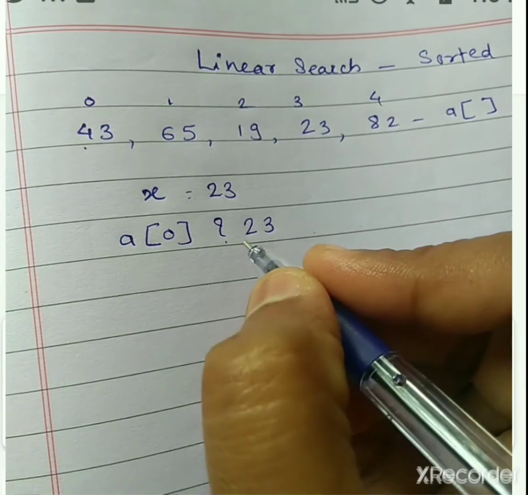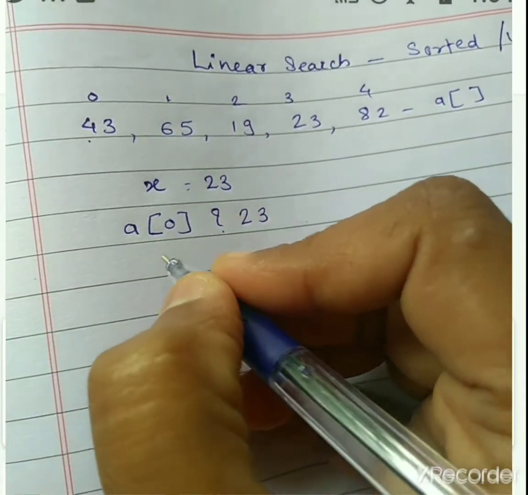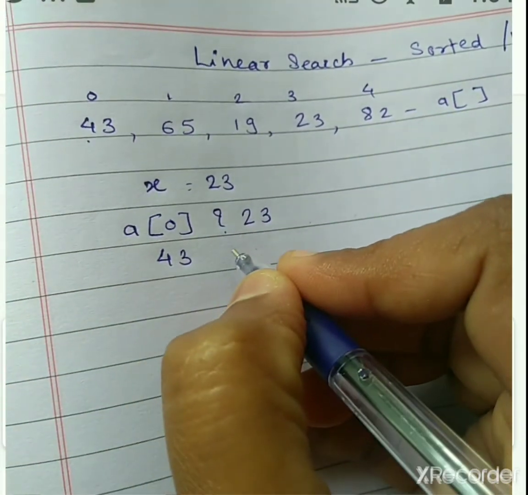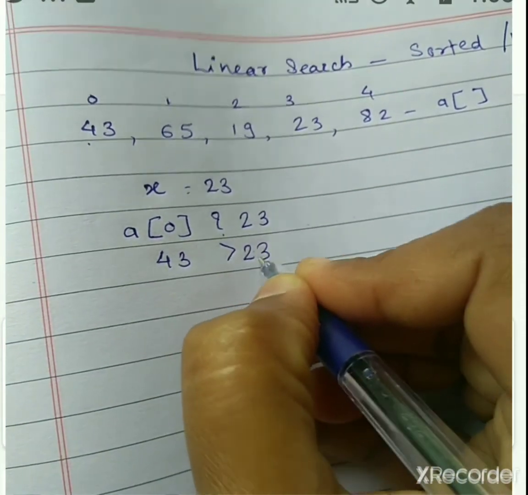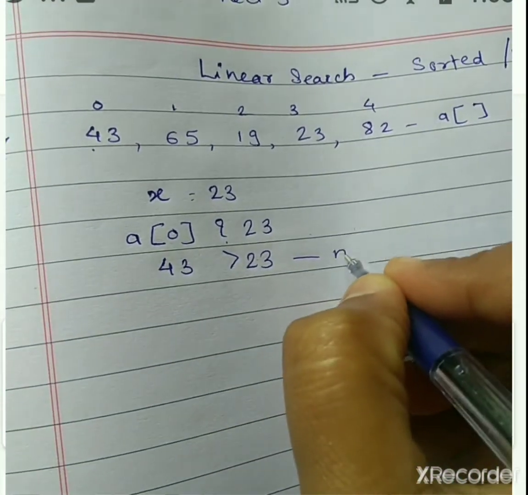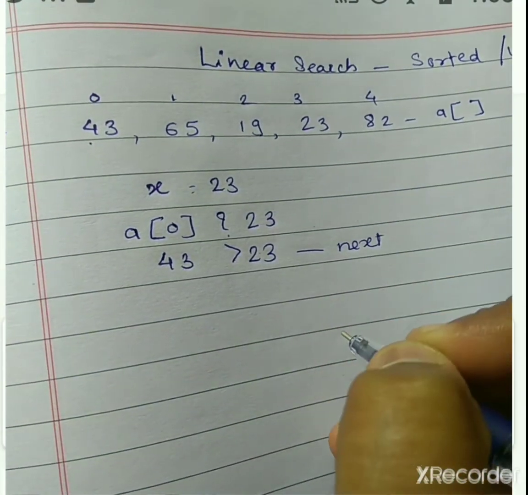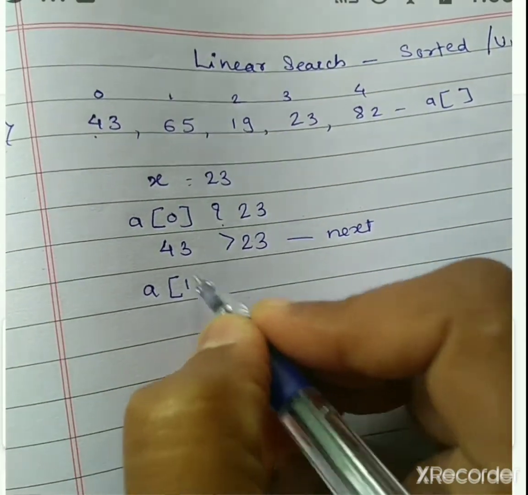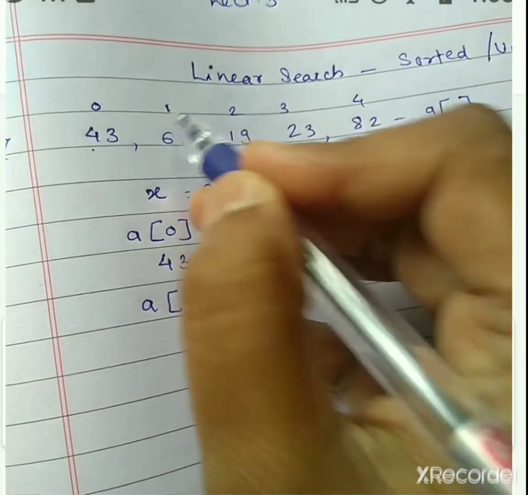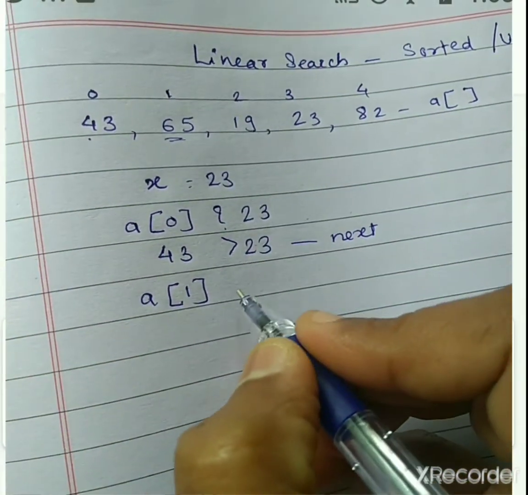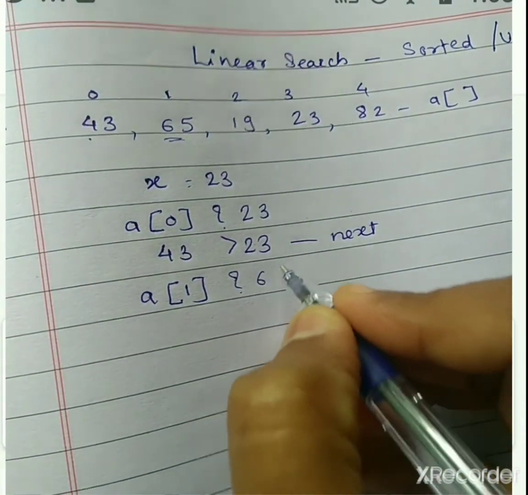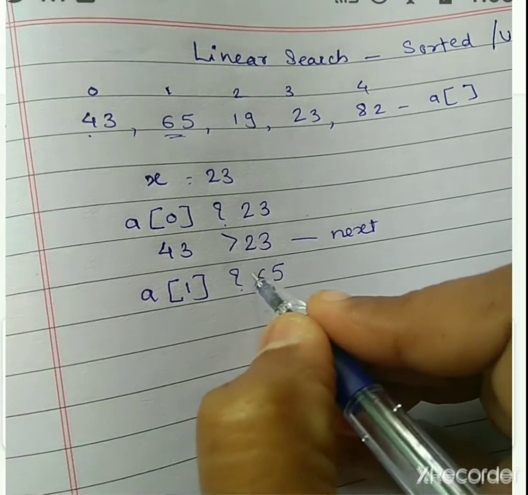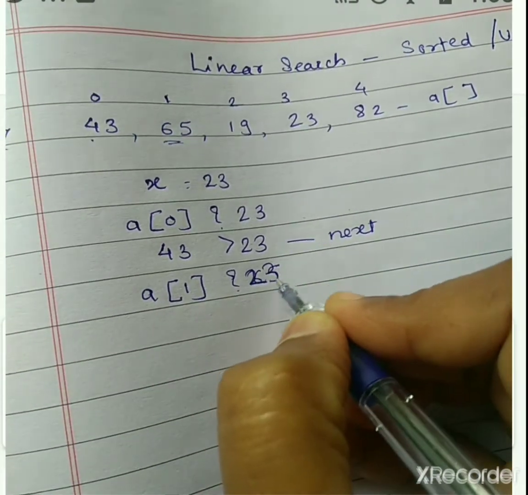A of 0 is say 43. It is greater than 23, so it does not match. So we have to go to the next element. We increase the array position, so A of 1 is the next position. Here the element is 65, so we compare the element 65 with 23.